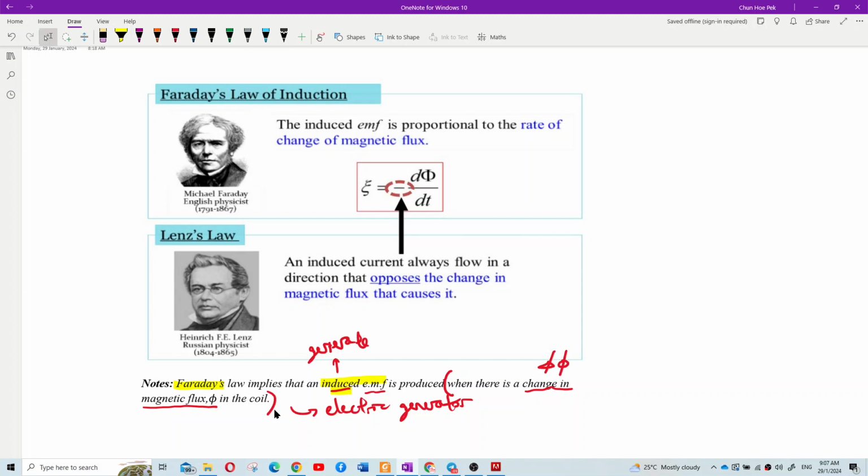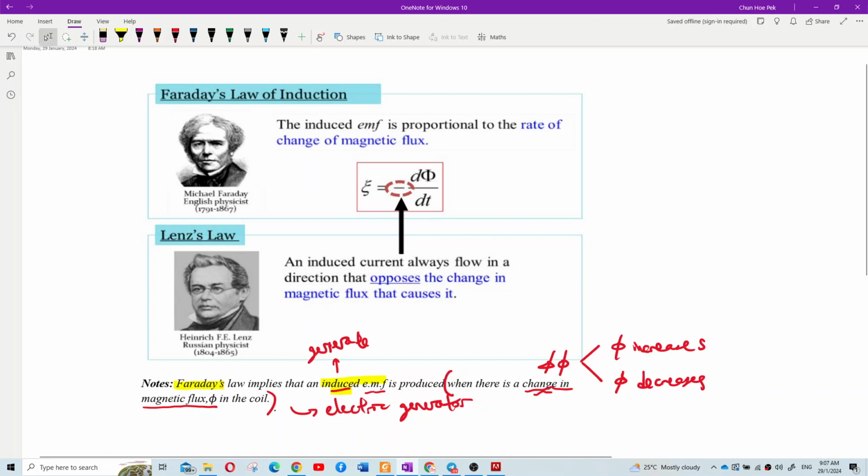The flux can either increase or decrease. This is how you generate electricity: you change the magnetic flux passing through the coil.